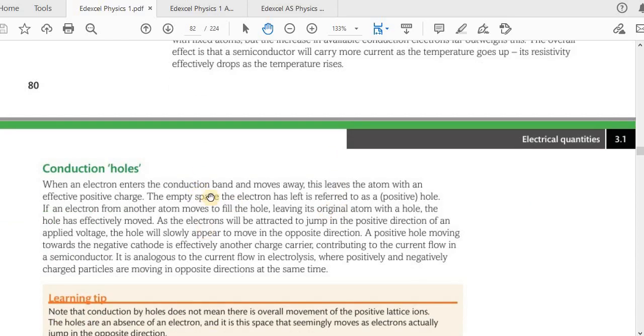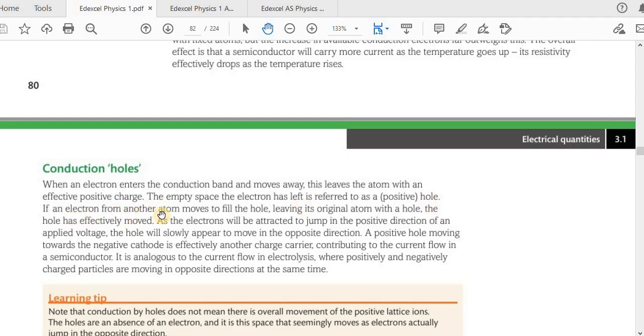Now we will see about the conduction holes in semiconductors. When an electron enters the conduction band and moves away, this leaves the atom with an effective positive charge. The empty space the electron has left is referred to as a positive hole.